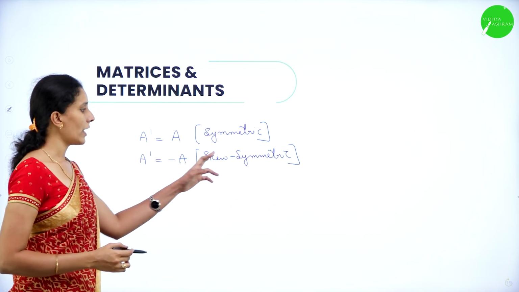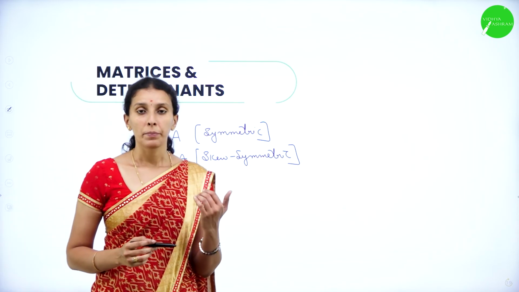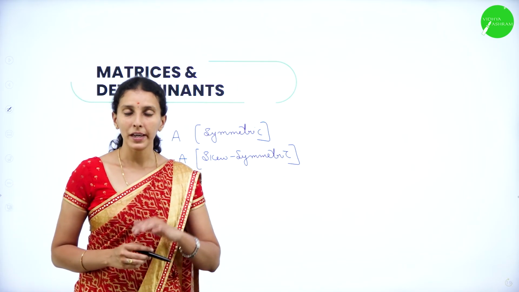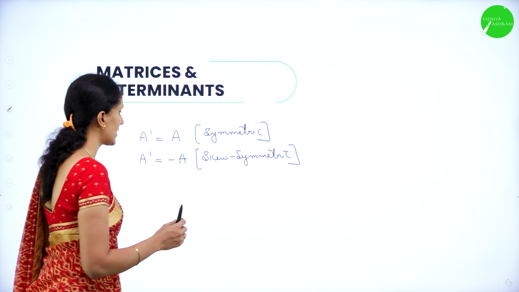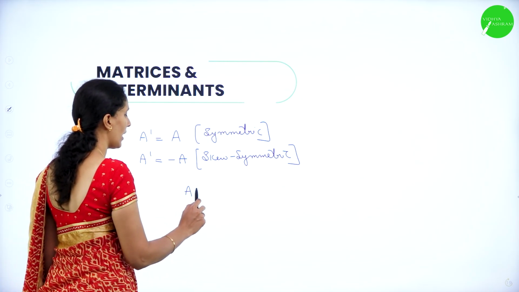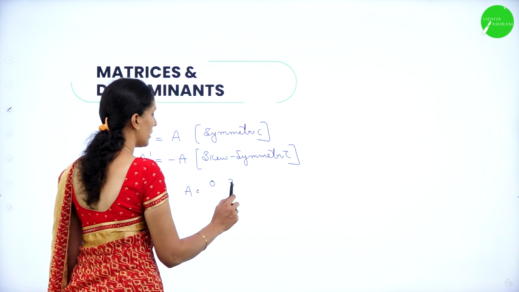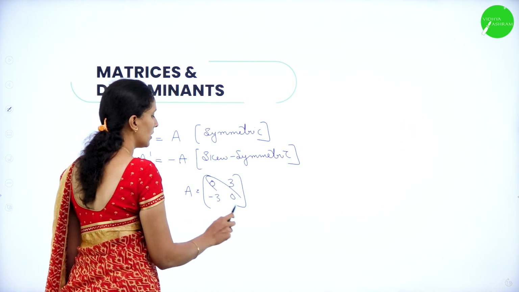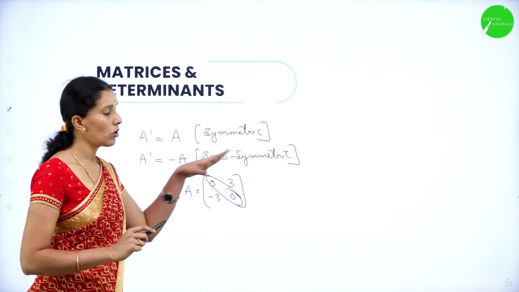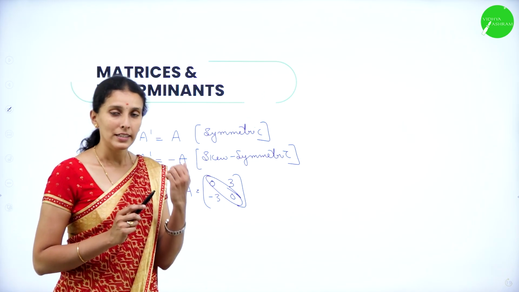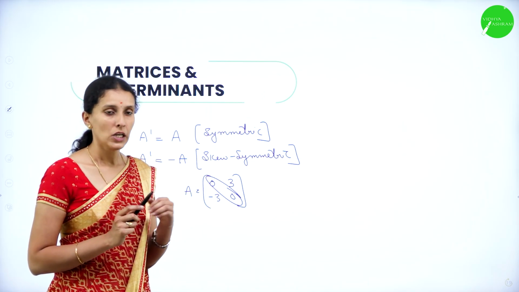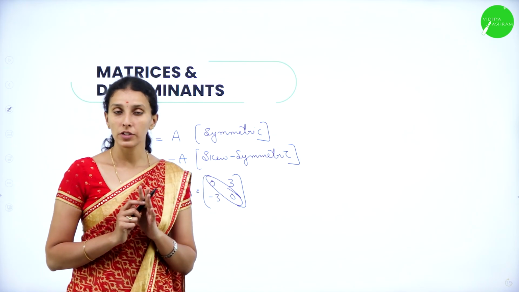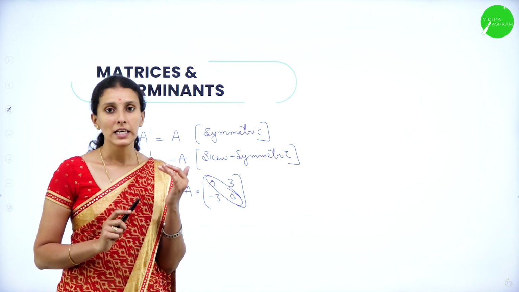Also remember, in any skew symmetric matrix, the principal diagonal elements will always be 0. For example, I can take A as 0, 3, minus 3, 0. Since both are square matrices, they have principal diagonal elements. Therefore the principal diagonal elements of a skew symmetric matrix will be 0.